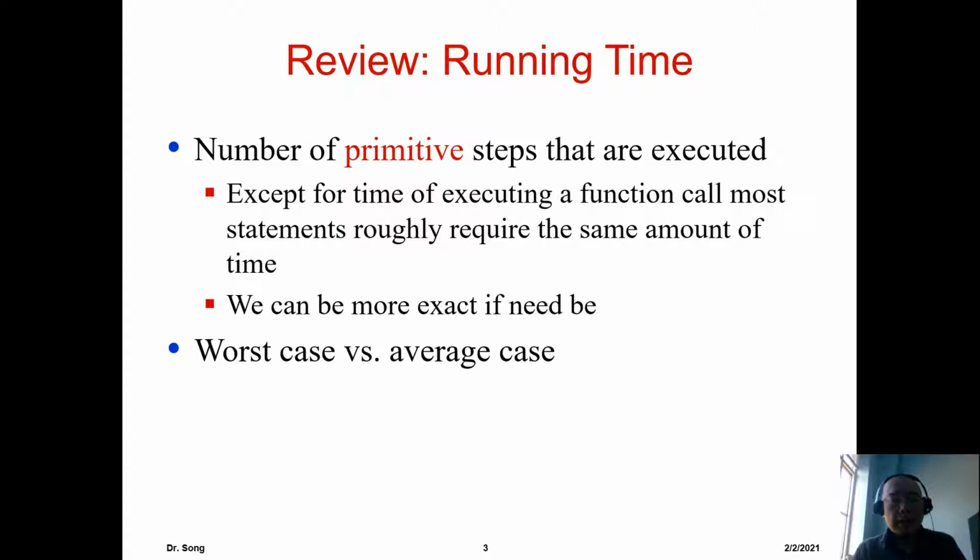As you may feel, if we execute more lines or more primitive steps to finish a whole algorithm, then the running time will be longer. Another thing is, we usually analyze the worst case and the average case. It's not common that we analyze the best case.